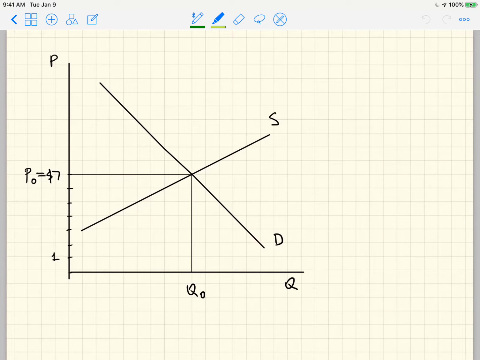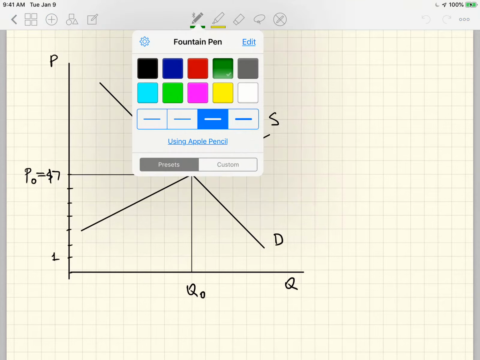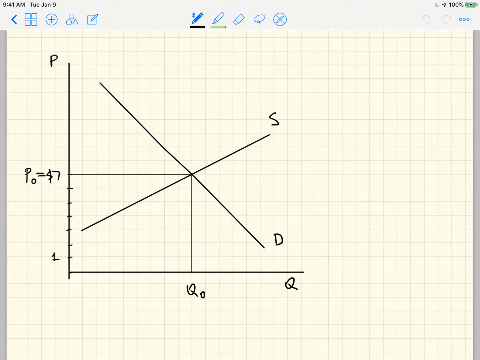Okay, next step is to talk about distribution of tax burden when tax is imposed on buyers. So again, it's exactly the same tax, $3, but now tax is imposed on buyers.